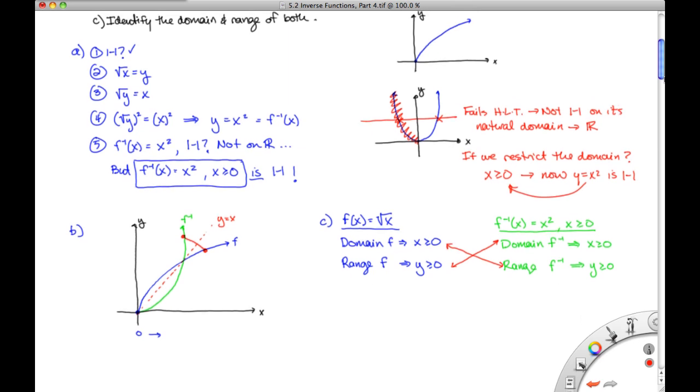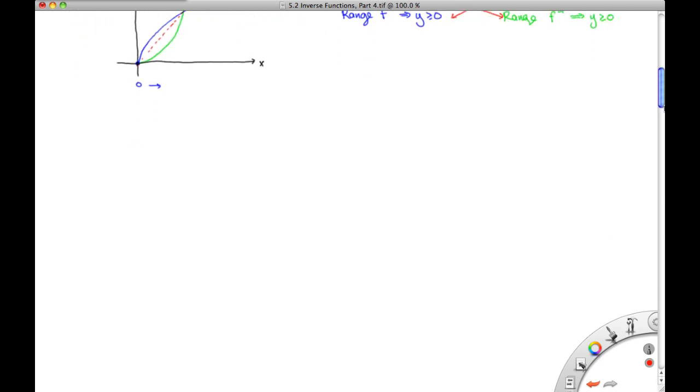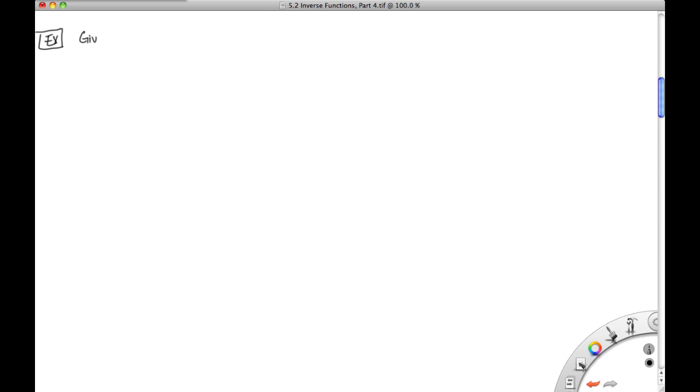So let's go ahead and try another example. In this example, we're going to do the same approach, except we're going to consider a different function. So let's say given that f of x is equal to the square root of 3x plus 1, we're going to want to find f inverse.